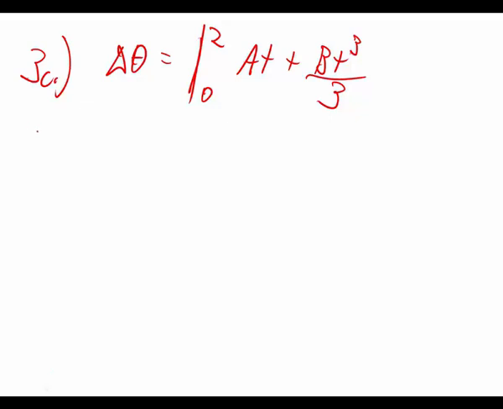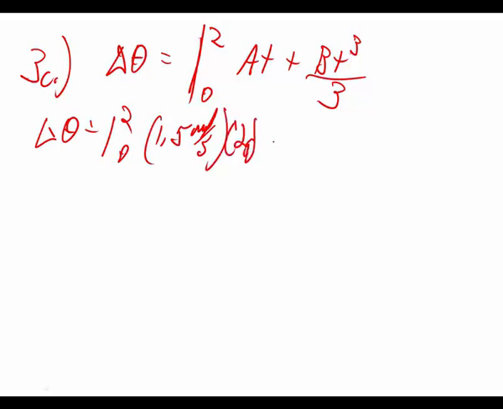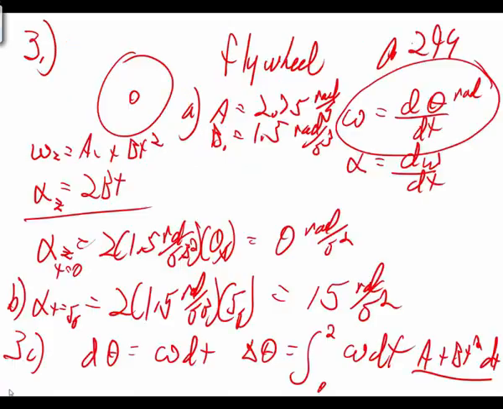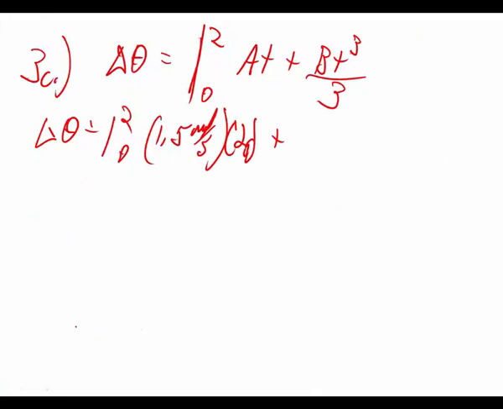So theta is equal to, evaluated from 0 to 2, A times t plus B t cubed over 3. B is 1.5 radians per second cubed. Did I write them backwards? A was 2.75. Sorry, that was 2.75 times 2 seconds, plus 1.5 radians per second cubed times 2 seconds cubed over 3.